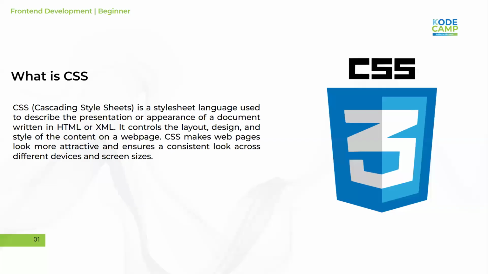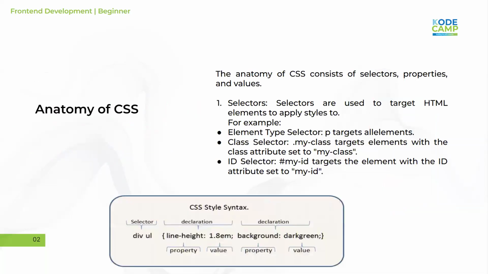What CSS basically does is control the layout, the colors, the fonts, and everything about how your website is going to look. Like I made mention of, there is the anatomy of CSS, which starts with your selector, either the tag or the class.